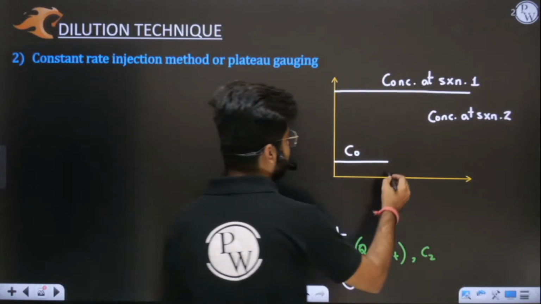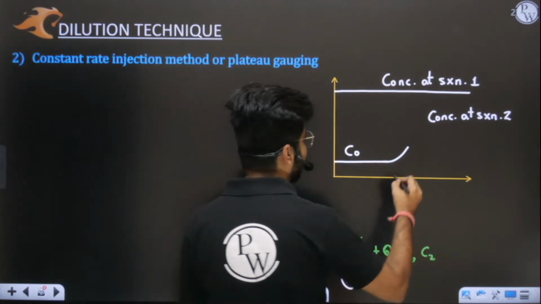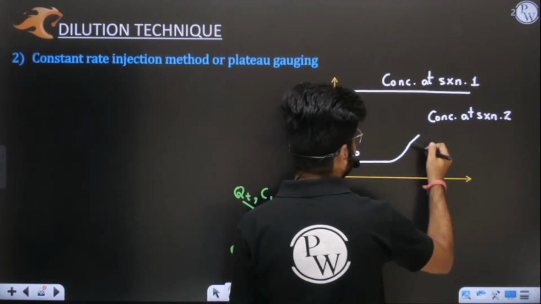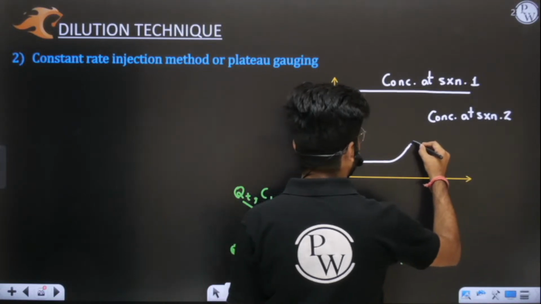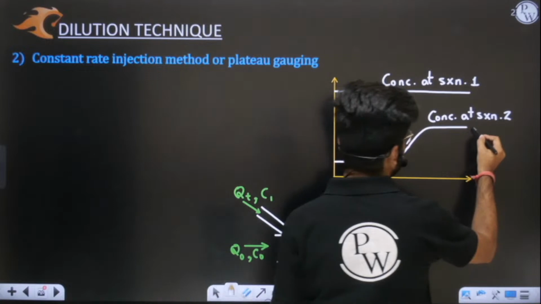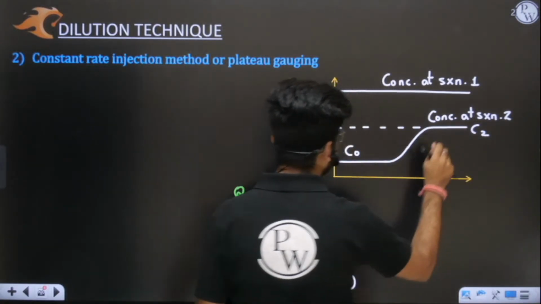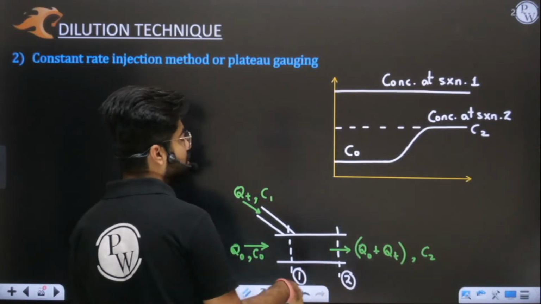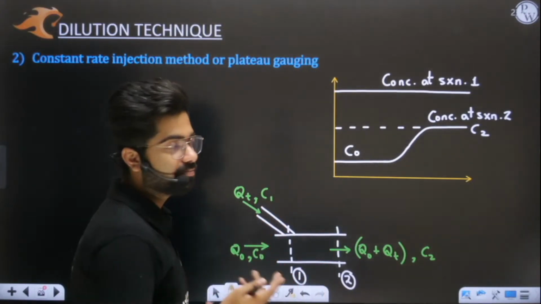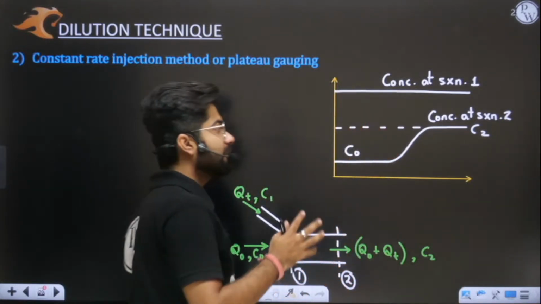You will see that the graph will start increasing, and after some time it will become constant, and that value will be equal to C2. So initially it was C0, but after some time it becomes constant, equal to C2.